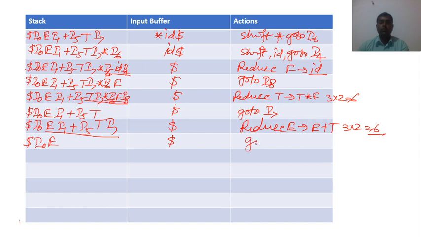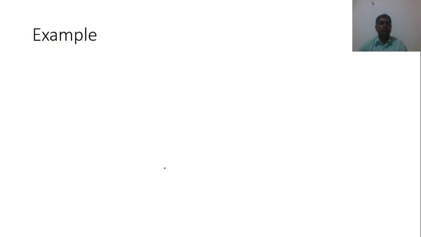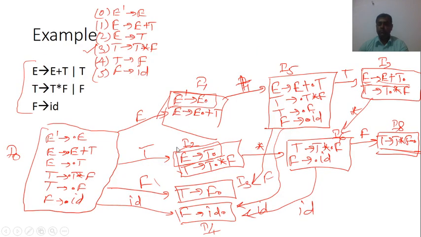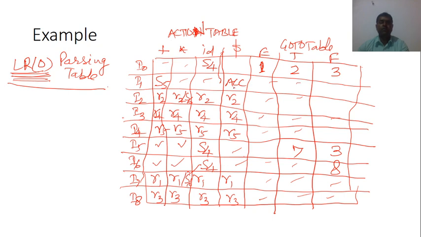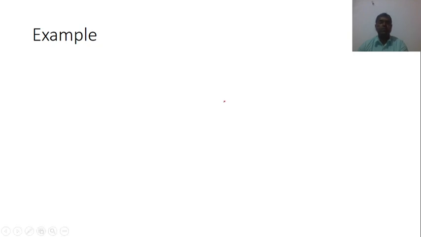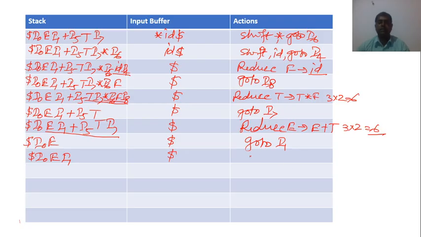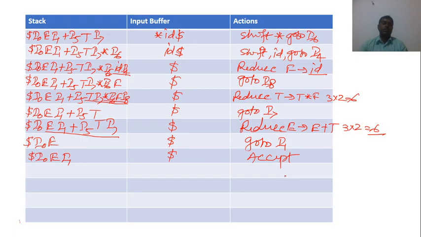So now it becomes $ I0 E I1, and here it becomes $. I1 dollar, that is accept. That means this string is accepted.